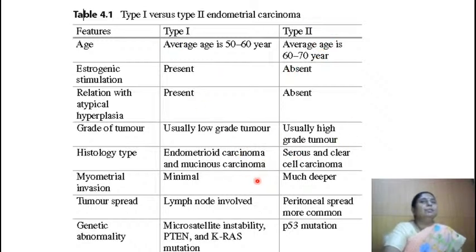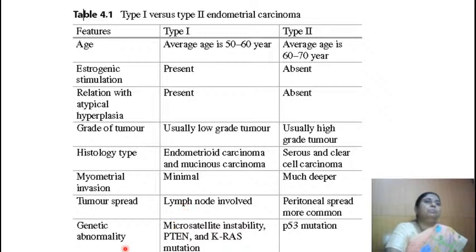And usually well differentiated and low grade tumors are less invasive. So in type 1 tumors, the myometrial invasion is minimal, whereas in type 2 tumors it is much deeper. As for tumor spread, in type 1 it is usually lymph node involvement, and here peritoneal spread is more common, meaning it is more widespread rather than just to the lymphatics.